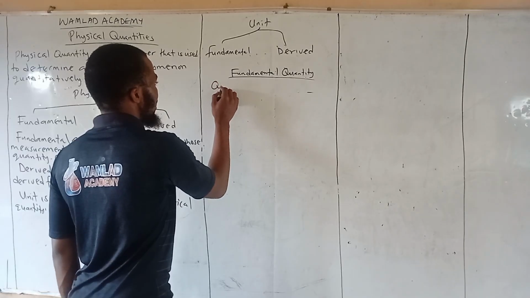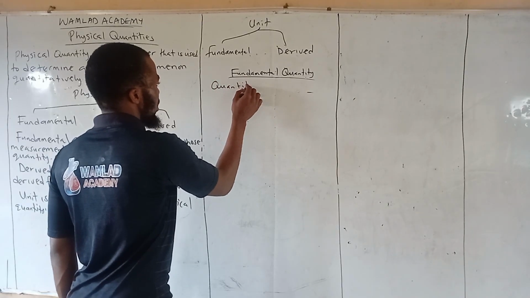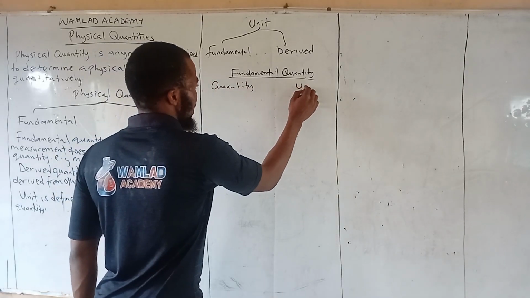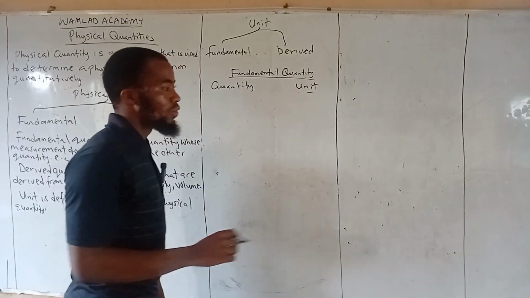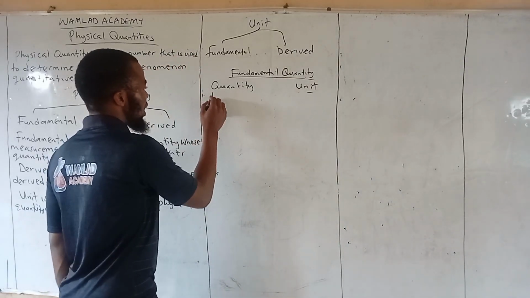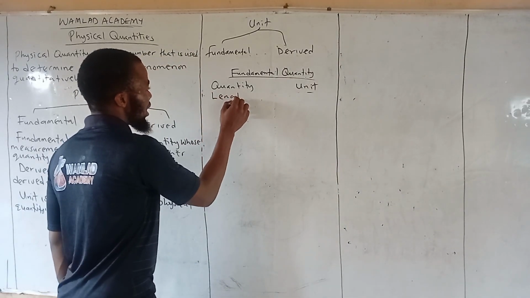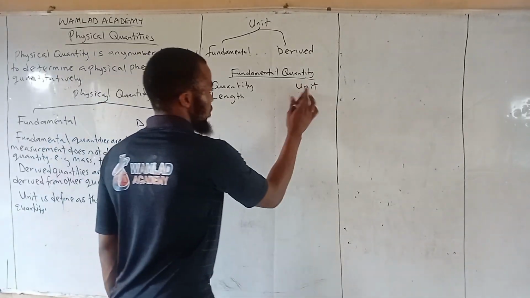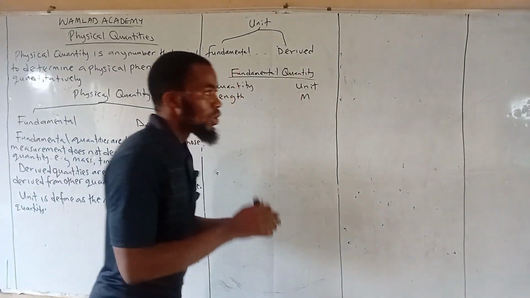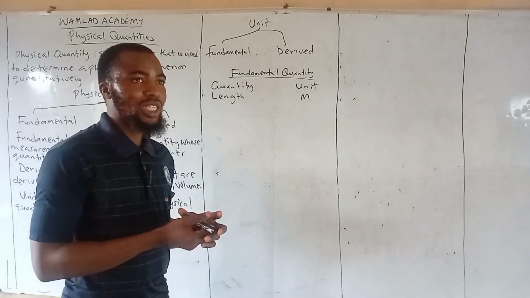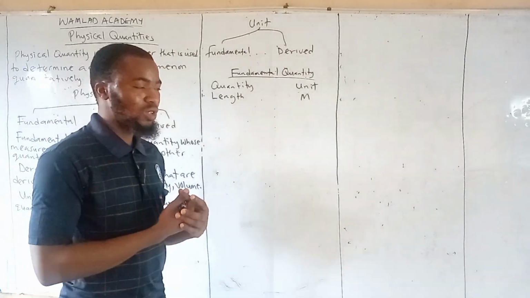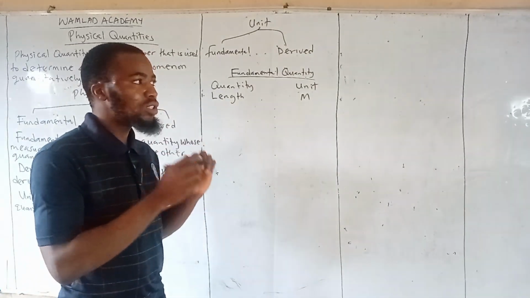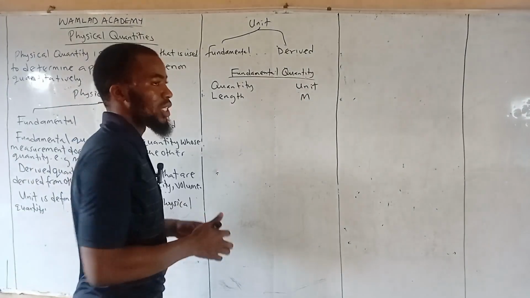You have the quantity, and you have our unit here. The first one here is called length. So this length is a fundamental quantity, and the unit of length is meter. The unit of length can also be centimeter or Angstrom and stuff like that, but the SI unit of length is what we call meter.